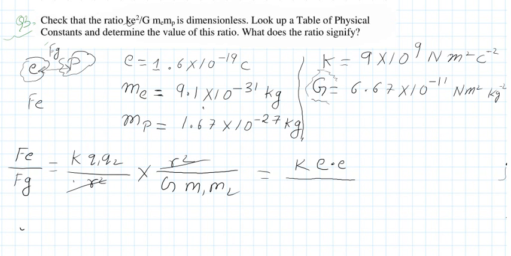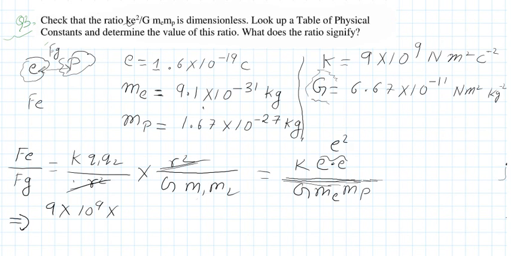So this will cancel out, and here G, the mass of the electron Me, the mass of the proton Mp. We just have to put the values. So this will give us K, 10 the power 9, and this will be E square.